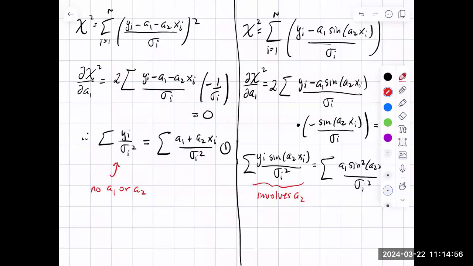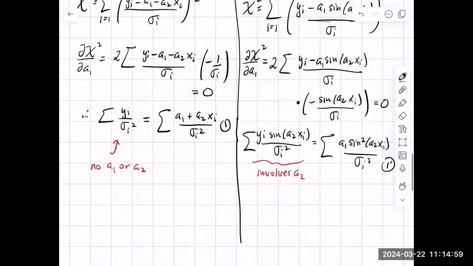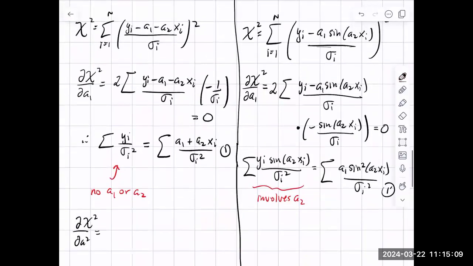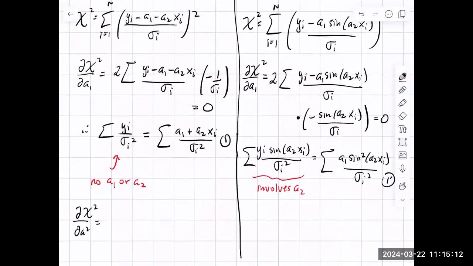All right, well, let's just keep going, and we'll have to do now the derivative with respect to a2. And so I need the original chi-squared, there it is. So it starts the same, we get 2 times the sum of yi minus a1 minus a2 xi over sigma I. And then we take the a2 derivative. This time we get a minus xi over sigma I. And that has to be equal to 0.